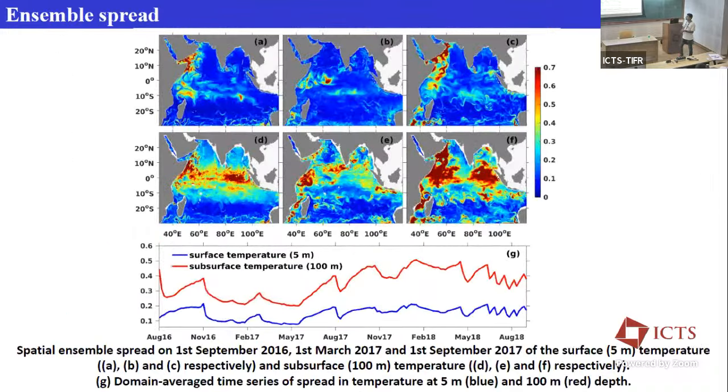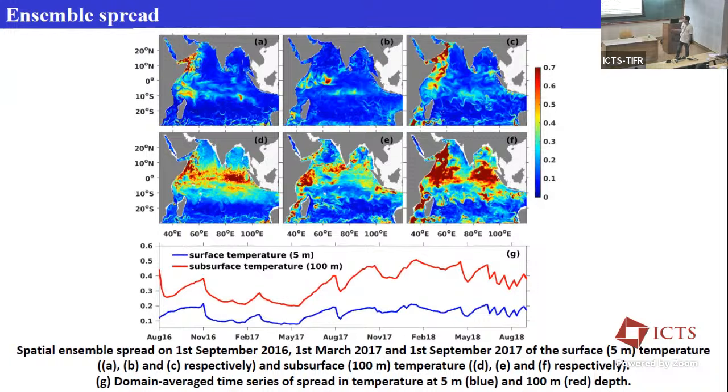Look at this ensemble spread. This is an ensemble spread of 2 years. The blue one is at the surface, and the red one is at the subsurface. The ensemble spread is not constant, but it has not diverged too much, neither has it collapsed.